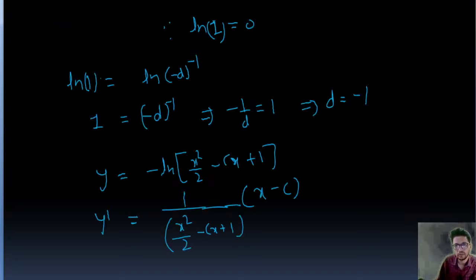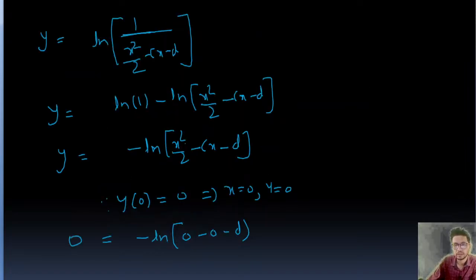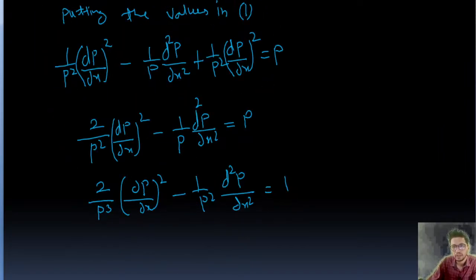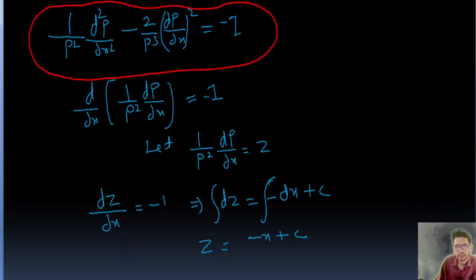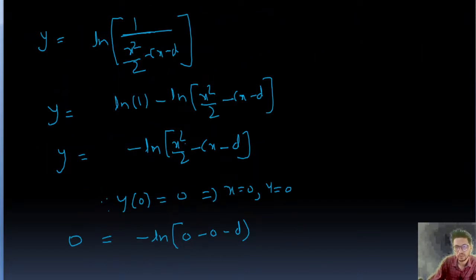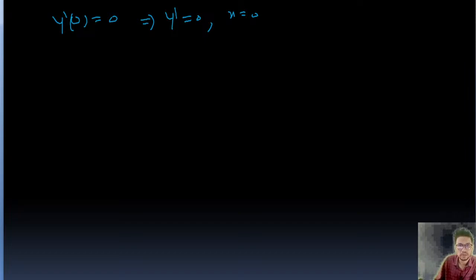Okay, here the boundary condition is not this. Boundary condition is, let me check. Boundary condition is y dash 0 equal to minus 1, guys. Okay, so this is 0 equal to minus 1, and this is minus 1. Okay, so now we'll put the value.